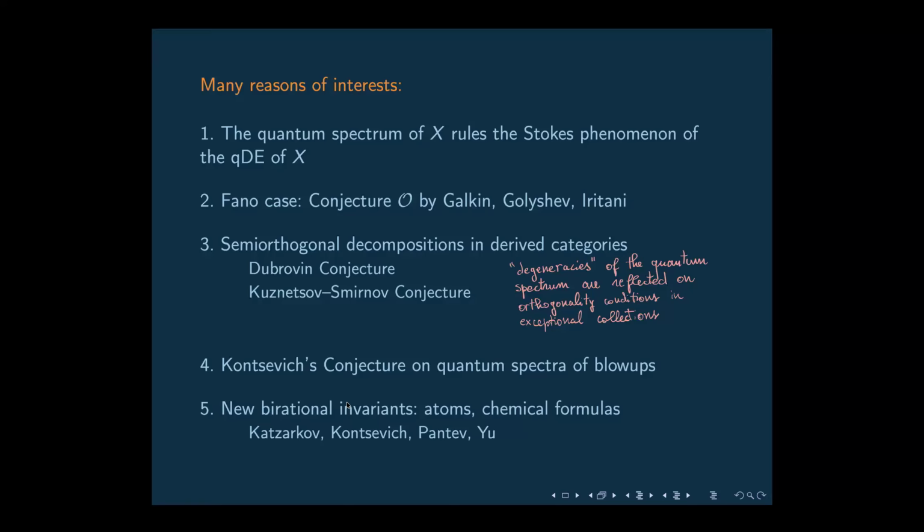But there is also another interesting conjecture, the Kuznetsov-Smirnov conjecture, which claims the following: that the degeneracies of a quantum spectrum are reflected in orthogonality conditions in the exceptional collections arising in this context.